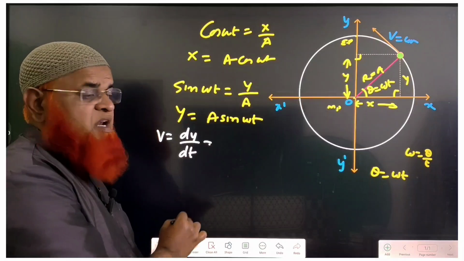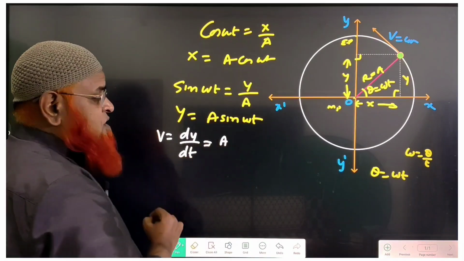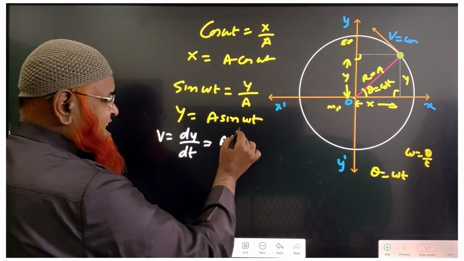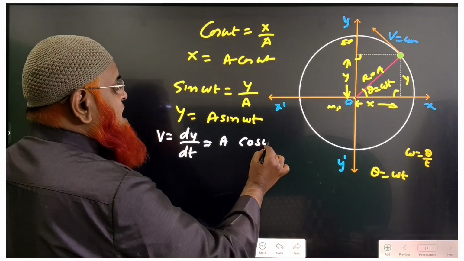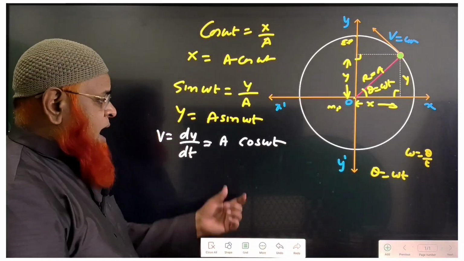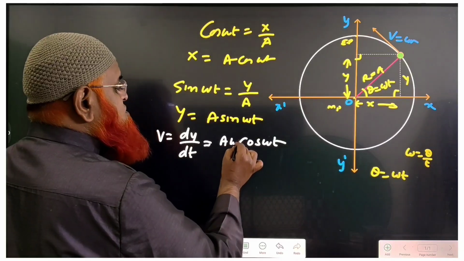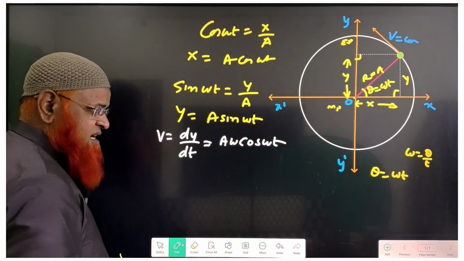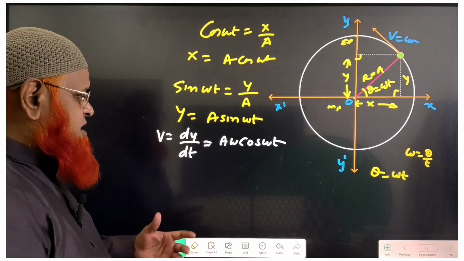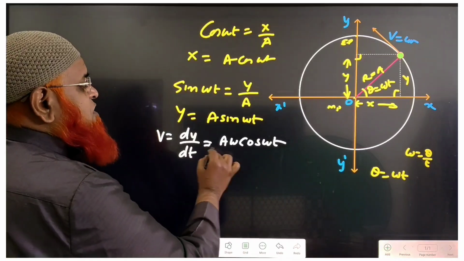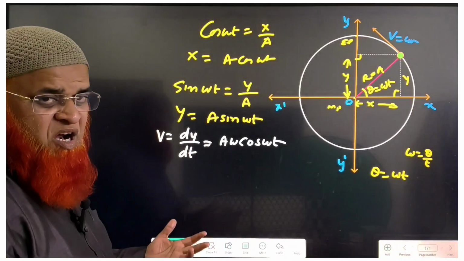If you differentiate this one, amplitude is going to be constant, and sine omega t becomes cos omega t after differentiation, and omega t, if you differentiate, you are getting omega here. That's why you write it, and dt by dt gets cancelled here. So we're getting velocity now. Therefore, we got velocity as a omega cos omega t.